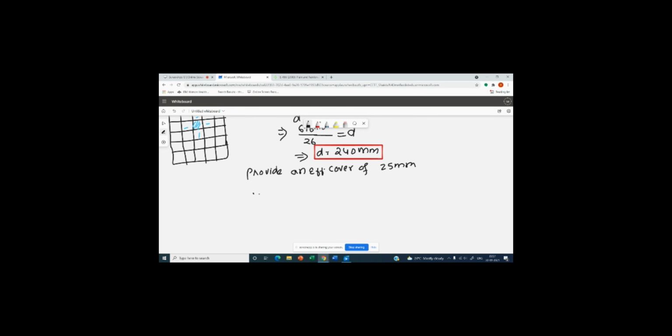Then the overall depth of the flat slab, D, is equal to 240 plus 25. So this becomes 265 mm. So this is the thickness of the flat slab.